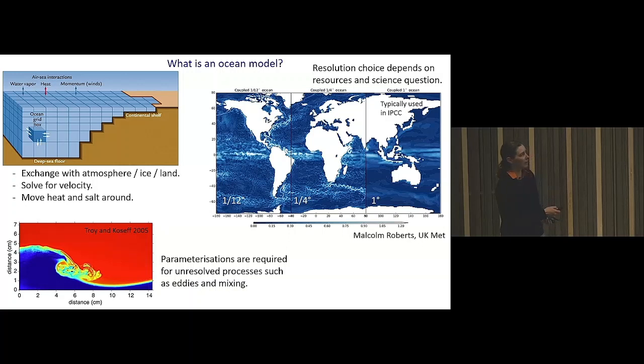There's no way we're going to be able to include these even as we get to these really high resolutions on circulation type scales. So we need to come up with parameterizations, simple equations that describe the physics, the impact of these smaller scale processes, to include in our larger models.